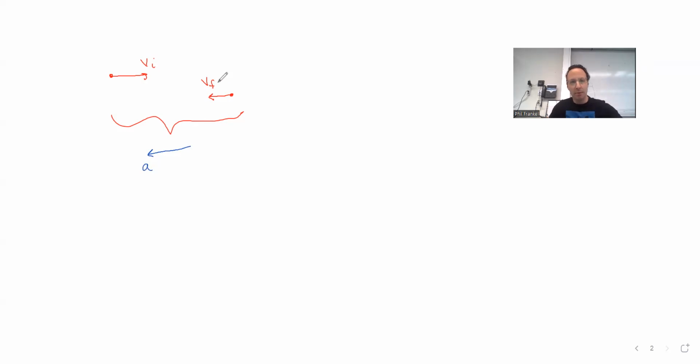I don't even care if it's moving to the left faster or slower than it was originally moving to the right. The fact that the object turned around means the object must have been accelerating opposite the direction of its initial velocity. So if I'm moving to the right, the wind must be blowing to the left. I must be accelerating to the left if I end up turning around and moving to the left.